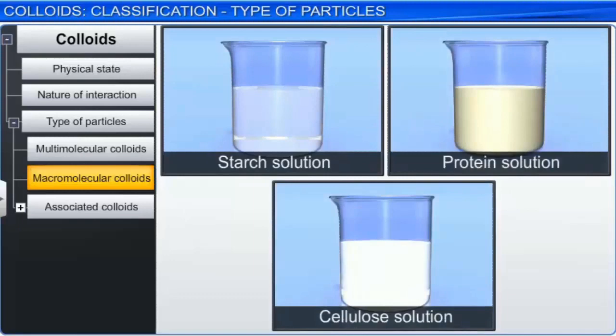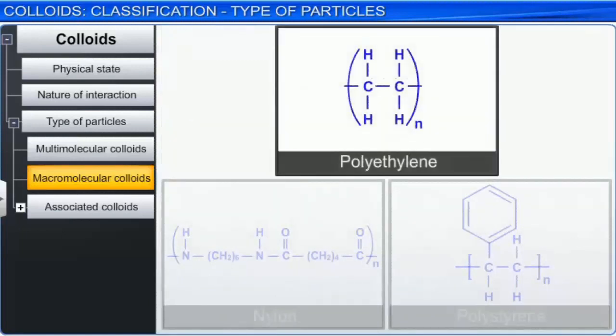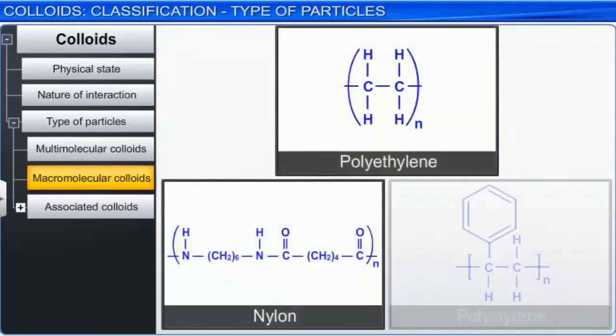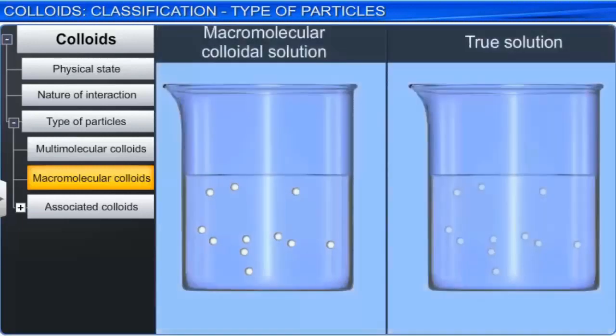Synthetic macromolecules, such as polyethylene, nylon, and polystyrene, also form colloids when dispersed in suitable solvents. Macromolecular colloidal solutions are stable and resemble true solutions in some respects.